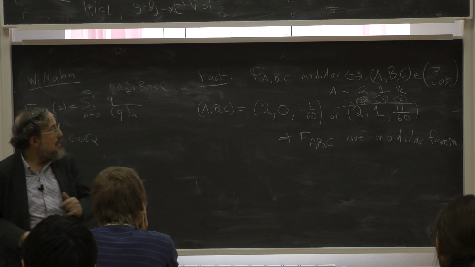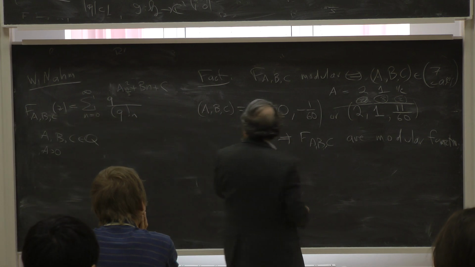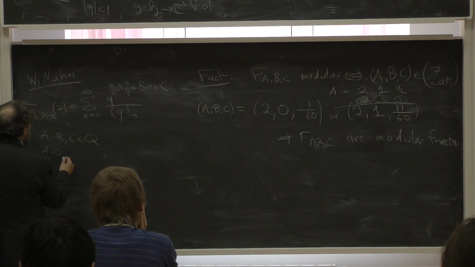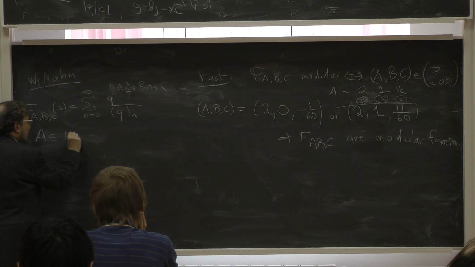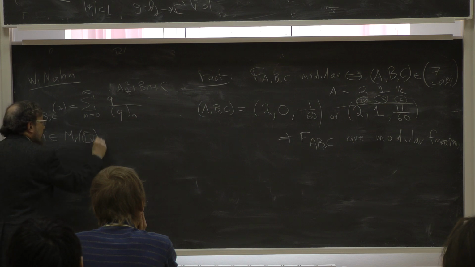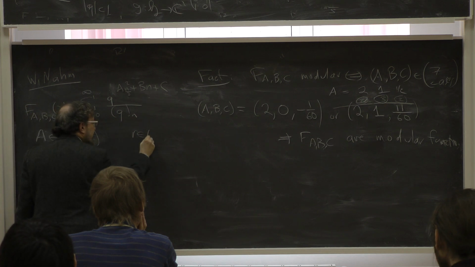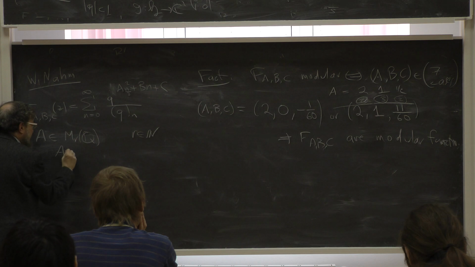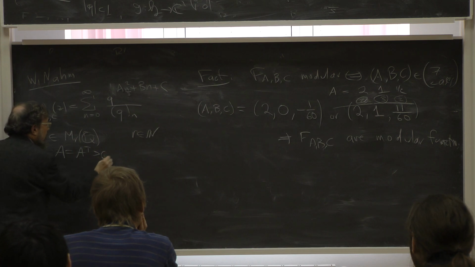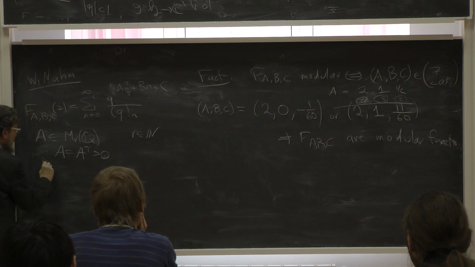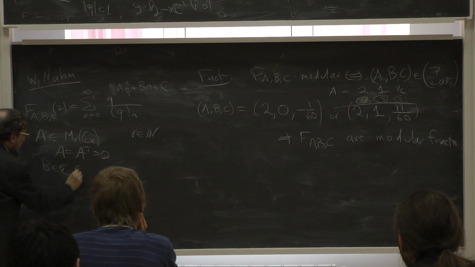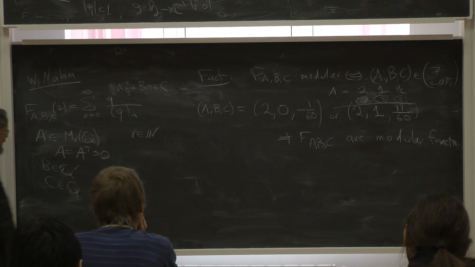Why should we care? Werner Nahm actually made a more general thing. So instead of this, I'm now going to take A to be not a rational number, but an R by R matrix. But it should be a symmetric positive definite matrix. So if R is 1, it's just a number. And similarly, B will be a vector now, and C will be a number.